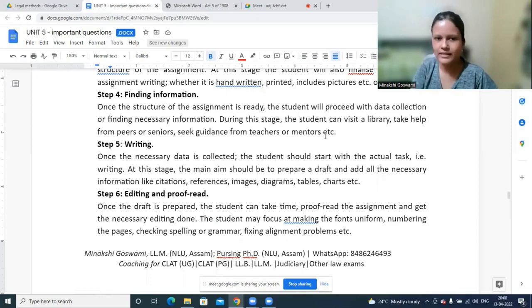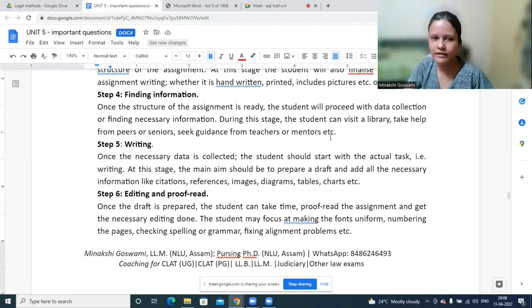It may include citations, like we discussed yesterday, footnotes, reference, bibliography, images, diagrams, tables, charts, maybe a list of contents, a list of cases, a list of statutes, whatever is relevant, we would add. And finally, once it is written, we would do some editing if required, and we would proofread it. If some mistakes are there, we would make any corrections.